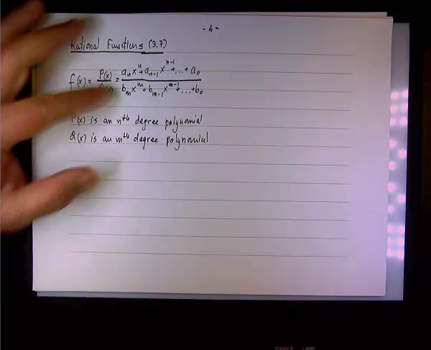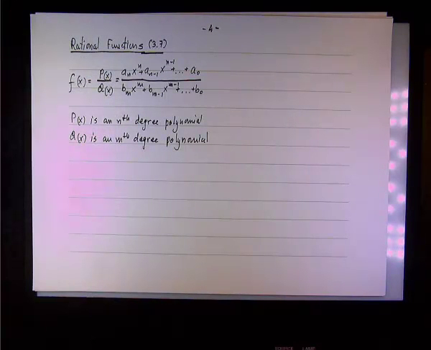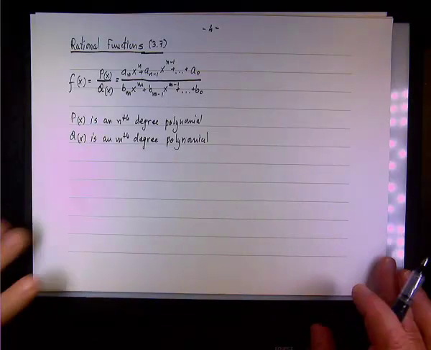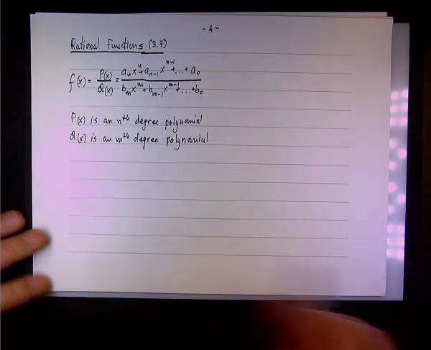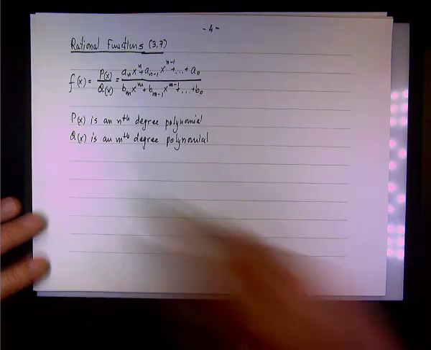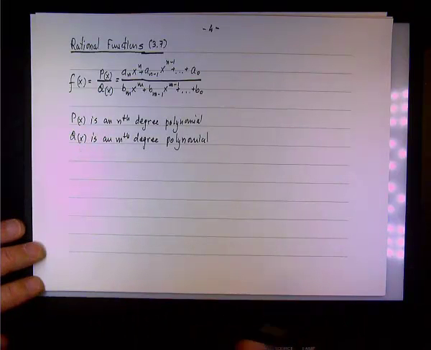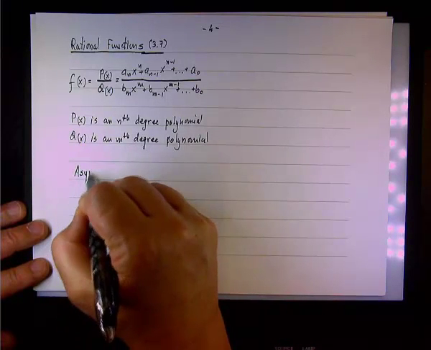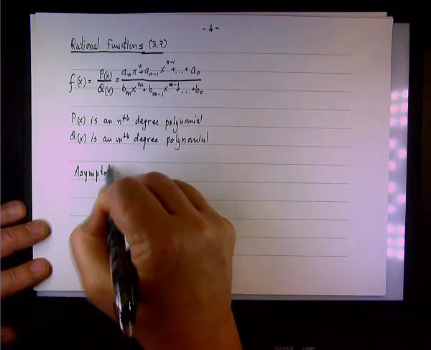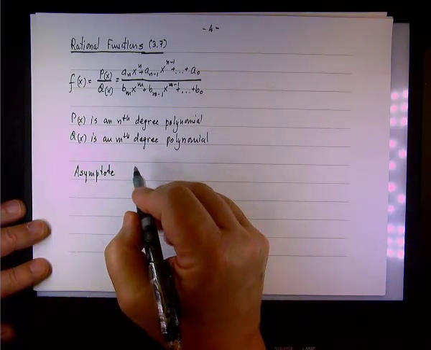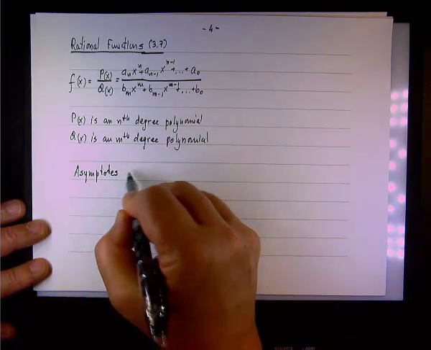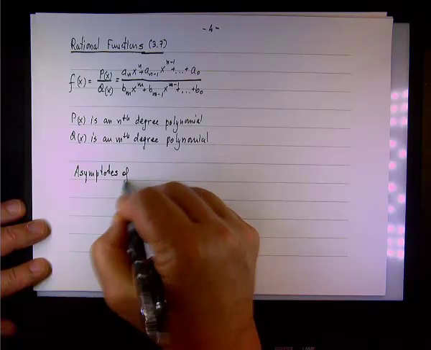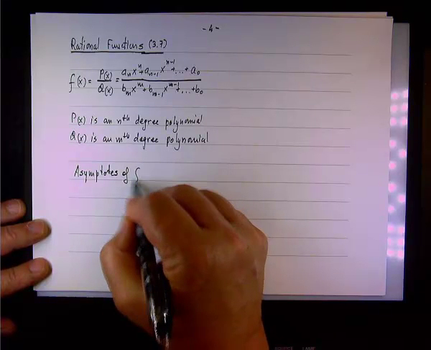So keep in mind that the relationship between the degree of the numerator and the degree of the denominator plays an important role. But for the time being, I want to introduce the idea of asymptote of a rational function in general. So I'm going to start with the most basic rational function, y equals 1 over x.